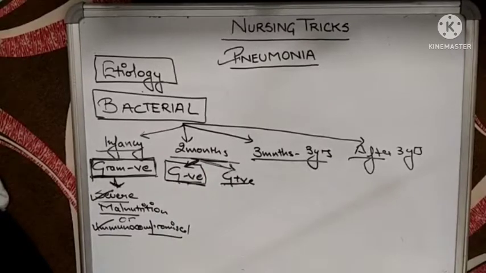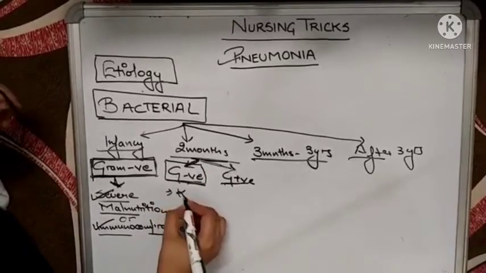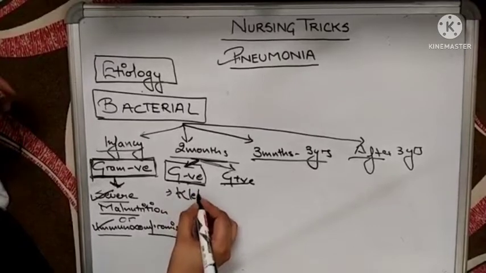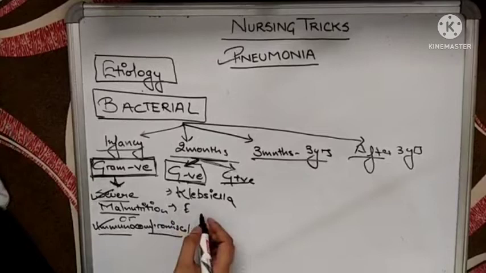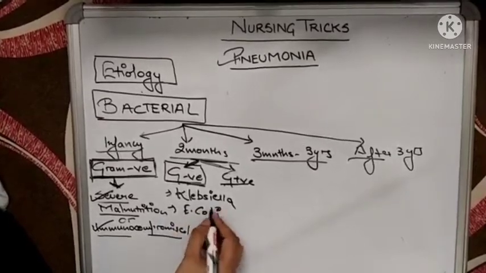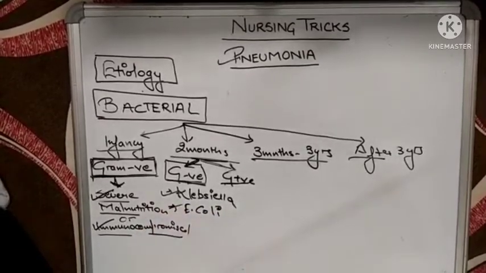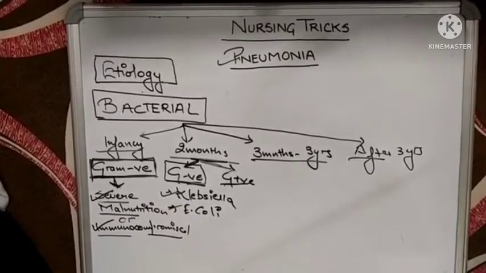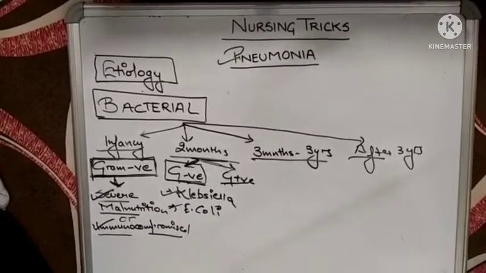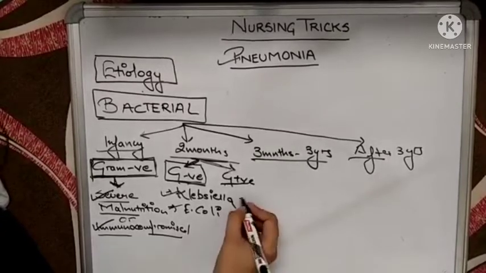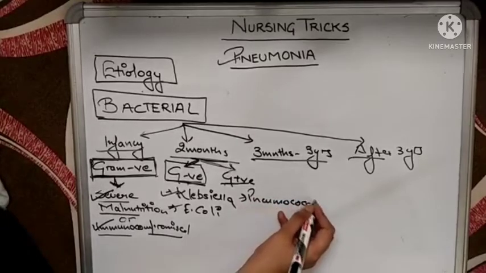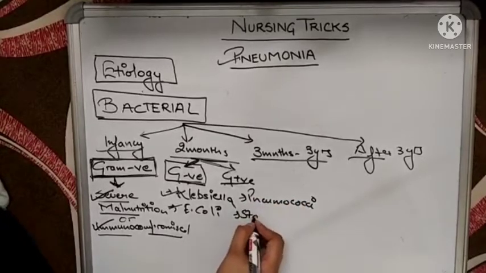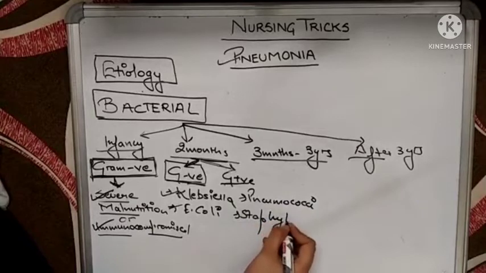Okay, so the gram negative bacteria, can you name them? Yes, we can. That is the Klebsiella and the E. coli, which are responsible for the pneumonia. And then in the gram positive, it is pneumococci, and the second one is staphylococci.